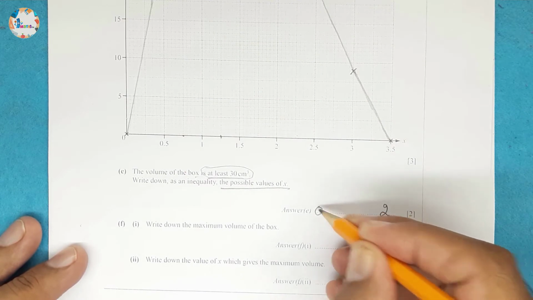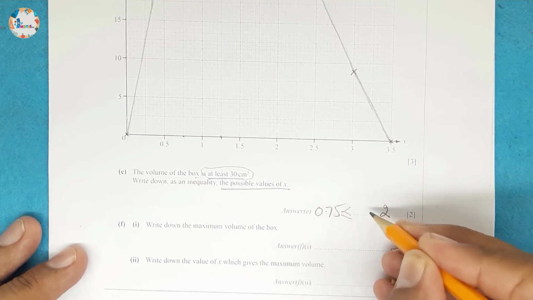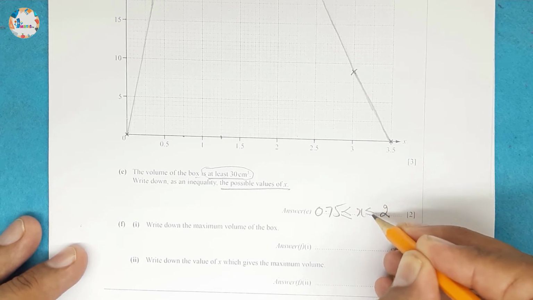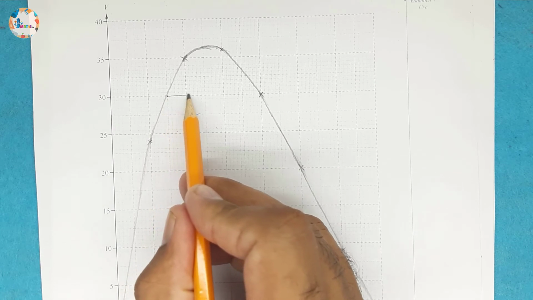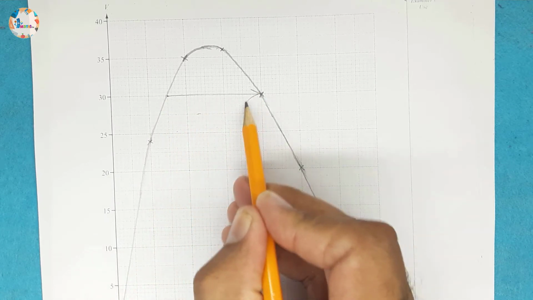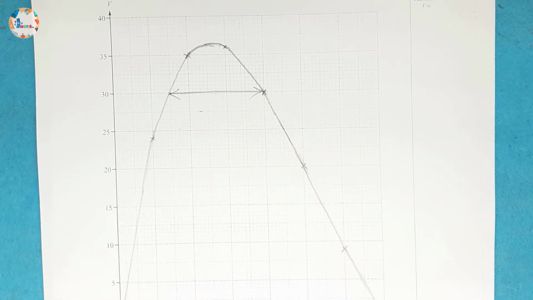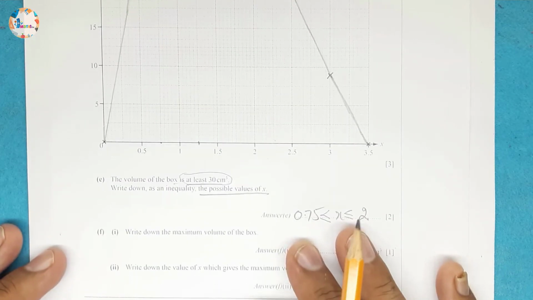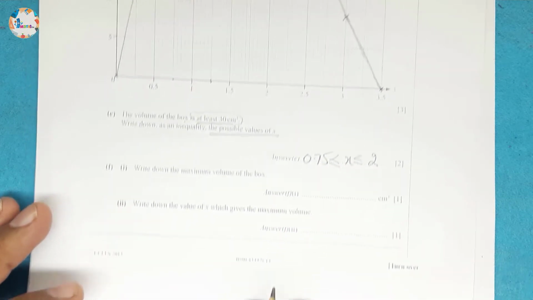So this side will be 0.75, and x will be greater than or equal to this and less than or equal to 2. This is the range which we are showing over here, which is 0.75 to 2, and in the form of an inequality we are writing it like this.